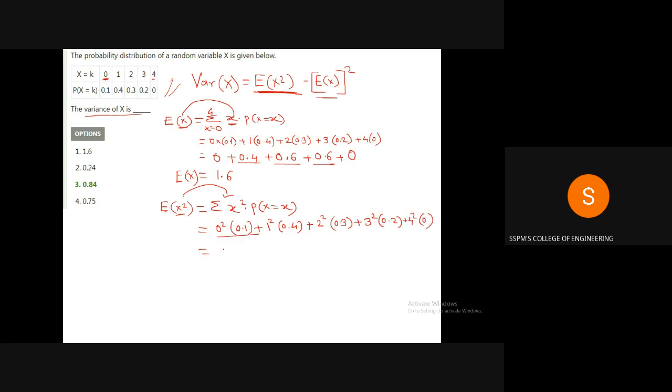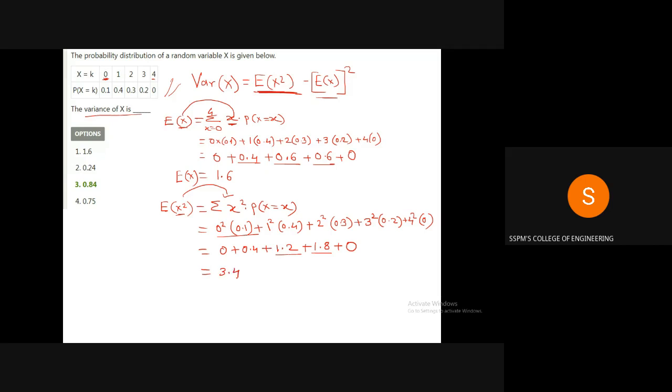So this value will be 0 plus 1 square is 1, 1 into 0.4 is 0.4, plus 2 square is 4, 4 into 0.3 is 1.2, plus 3 square is 9, 9 into 0.2 is 1.8, plus 4 square into 0 is 0. So 0.4 plus 1.2 plus 1.8 is 3.4.